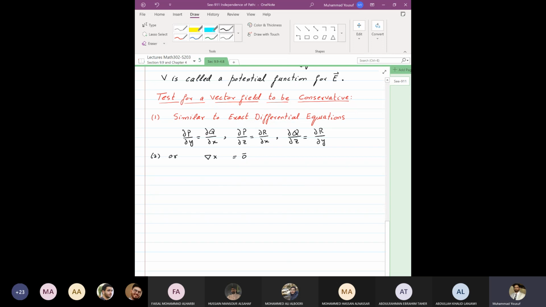So one of these two you can use to check if a vector field is conservative.